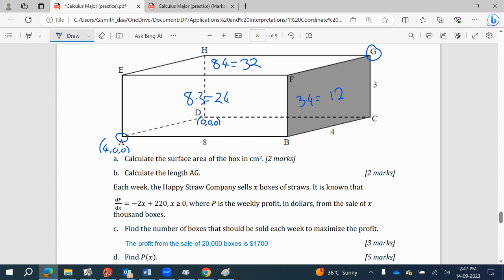So the coordinate of C is we've moved along the y-axis by 8. That's the coordinate of C. So if we then move up to G, we've moved in the direction of the z-axis. So this is 0, 8, how high is it? 3.